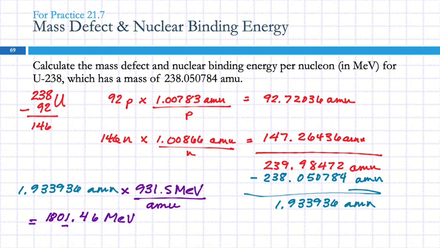The number of nucleons, which is 238. It is 92 plus 146. 238 nucleons. Divide by 238. 7.569 mega electron volts per nucleon.